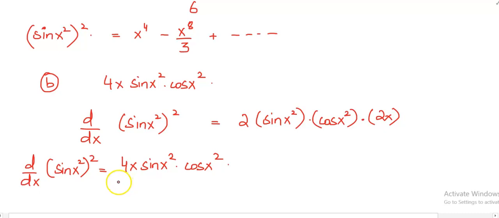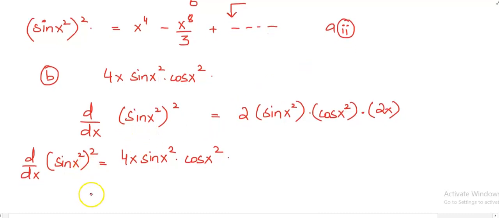This means something else as well. And what is that? If we differentiate the right hand side of the solution that we derived in part A2, we will get the derivative of this thing. So now let's look into d by dx of x to the power of 4 minus x to the power of 8 divided by 3 and so on.